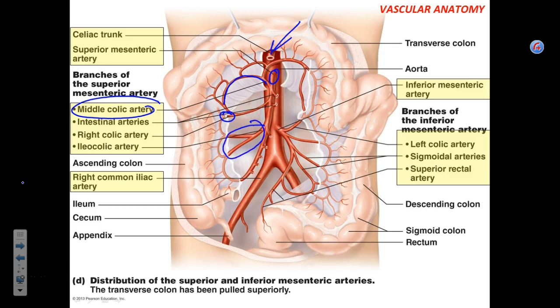Ileocolic will go closer to the ileocecal valve. It will still supply colon, but it will get closer to the ileocecal valve. And here you have left colic. Sigmoidal arteries will supply, obviously, sigmoid colon. And finally, you see the branching superior rectal artery that will supply blood to the rectum. Okay?